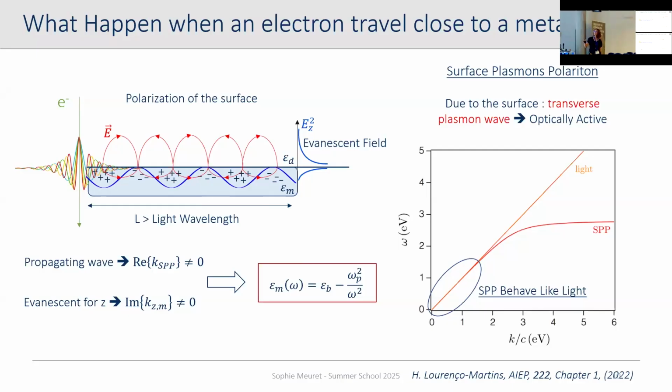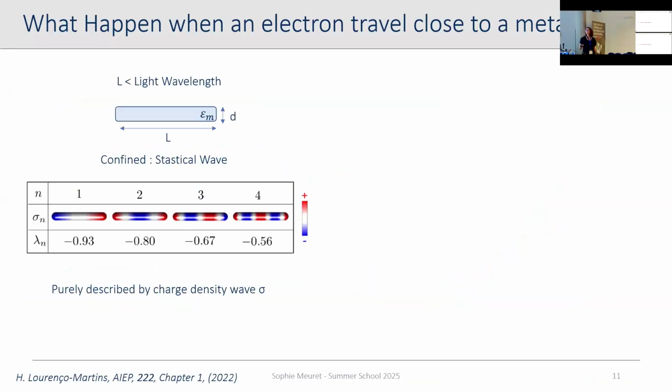If now you reduce the dimension, so instead of having in this direction something that is way longer than the wavelengths of light, you actually start to have confined states. And in this state, it becomes electrostatic and really just a charge density wave going back and forth.